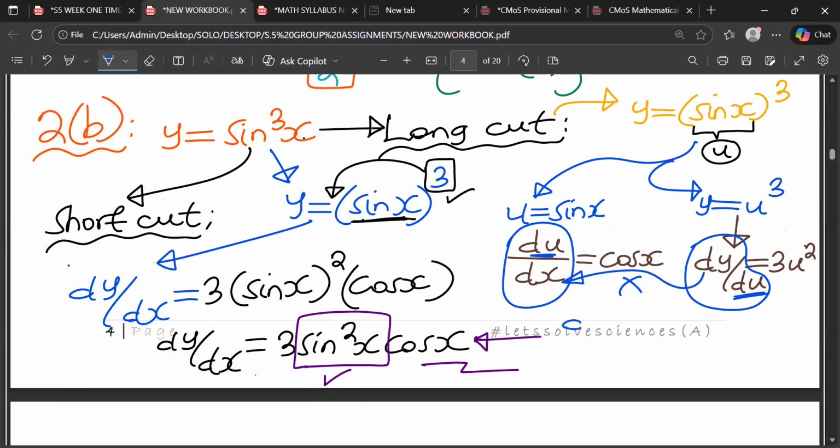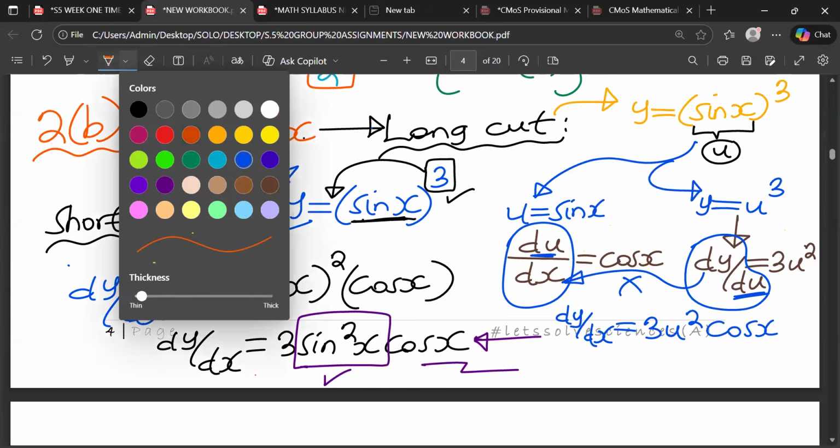So what will you come up with? You will have dy dx equaling this times this: 3u squared times cos x.